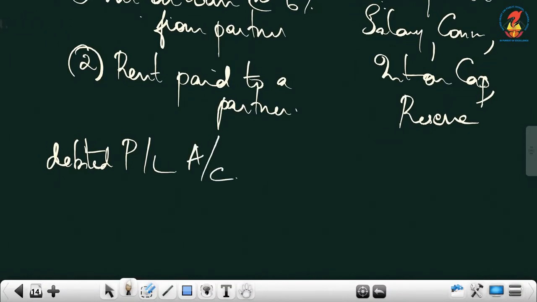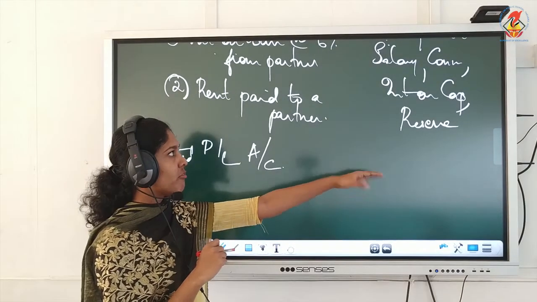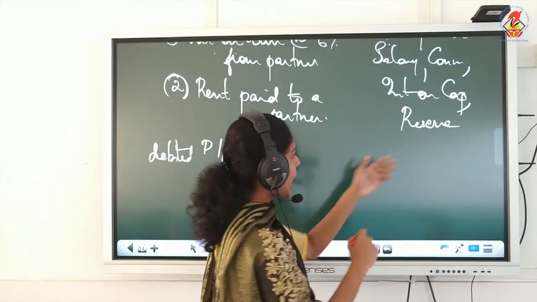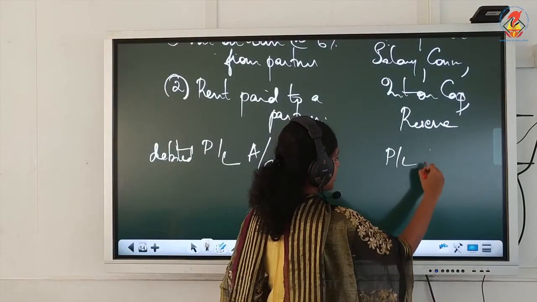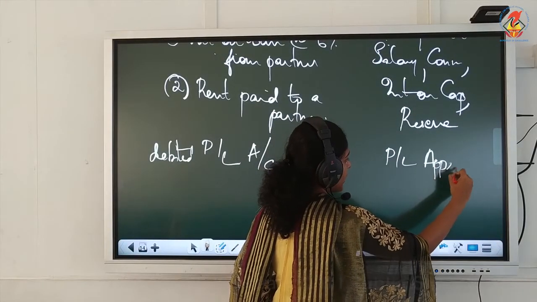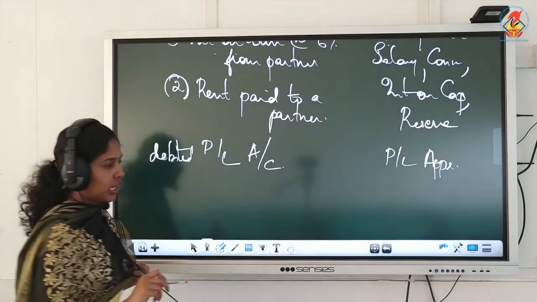If it is just an appropriation, paid if you have profit, it will be debited to the P&L appropriation account. So that you must remember.